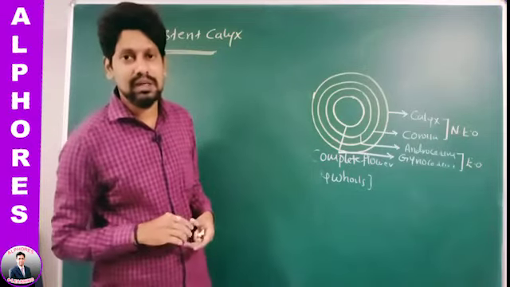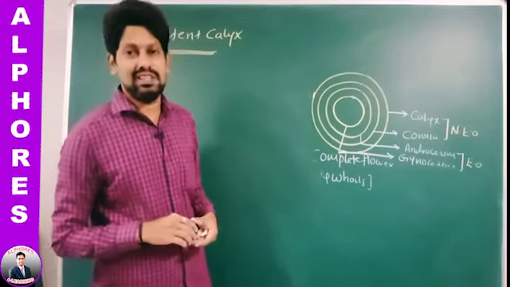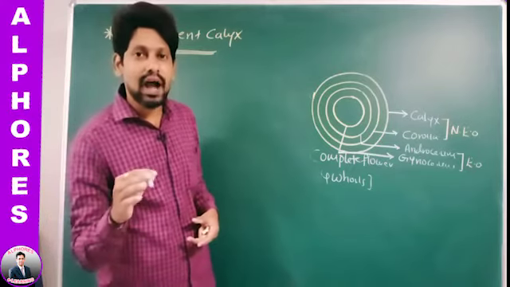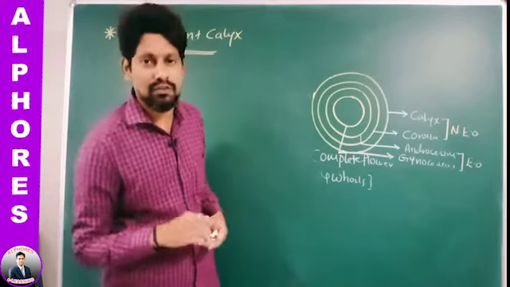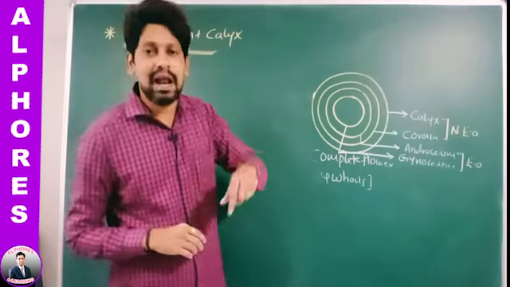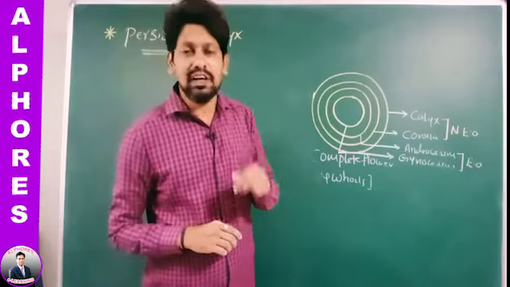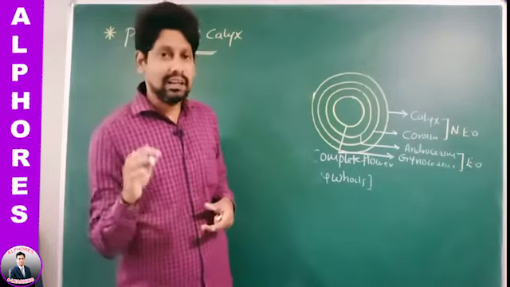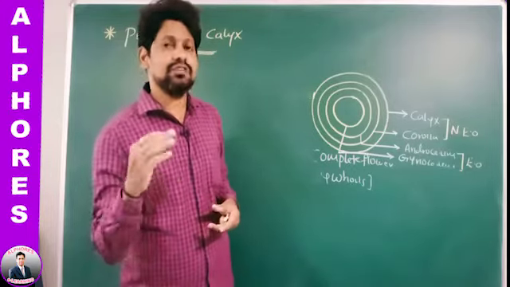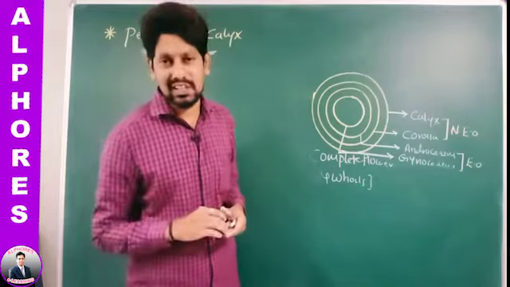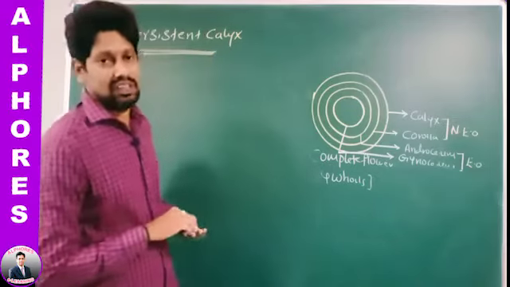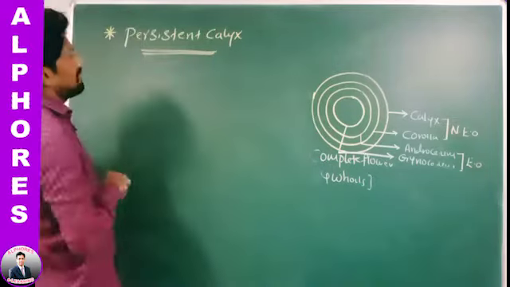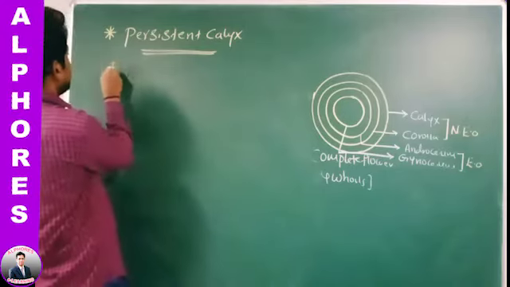Sir, generally, after fertilization, calyx, corolla and androecium have to fall off. But in some plants, even after fertilization, the calyx does not fall off. That calyx which does not fall off even after fertilization is called a persistent calyx. Okay, therefore, what is the meaning of persistent calyx?